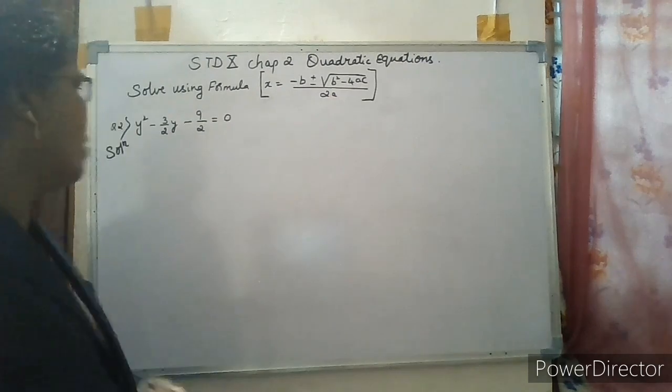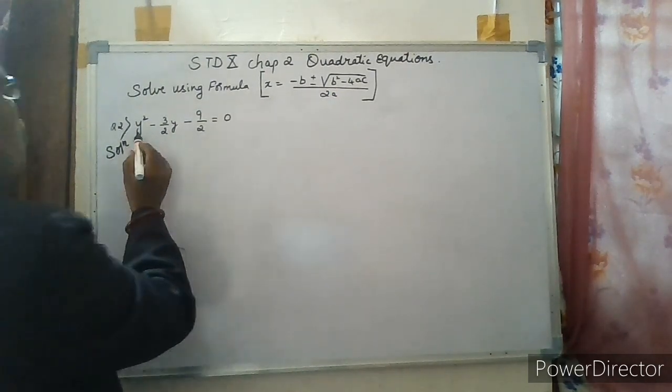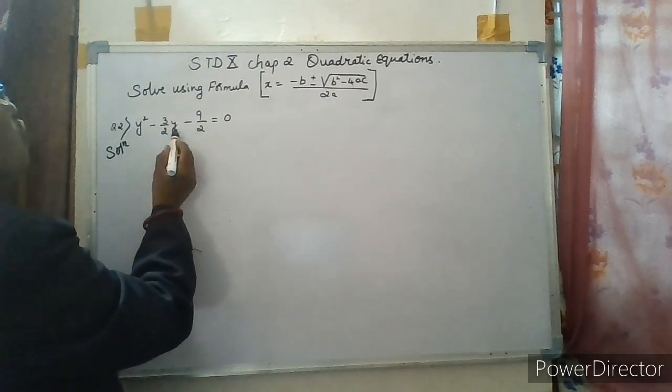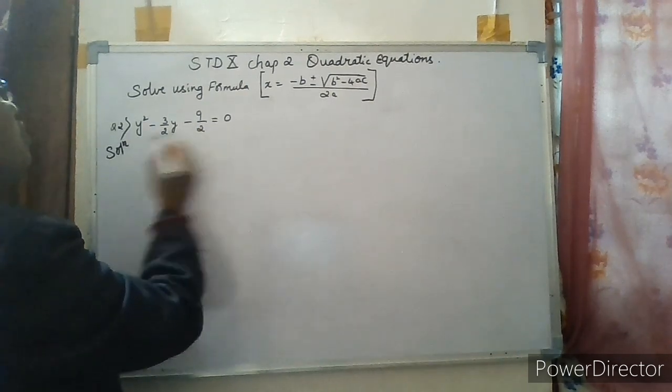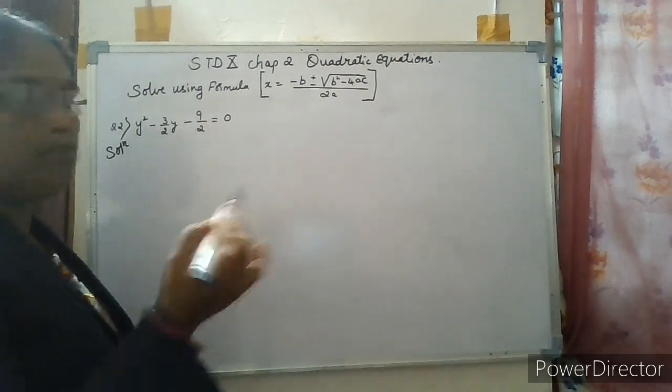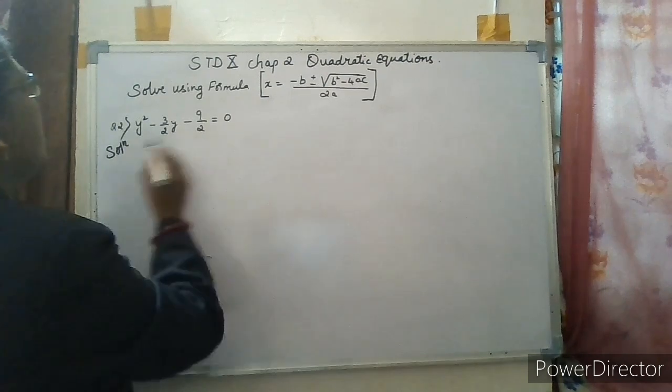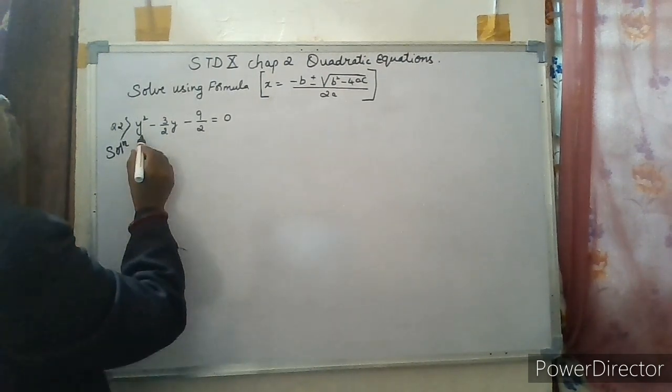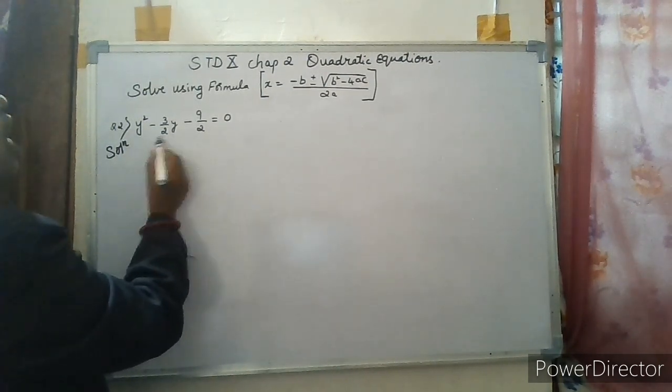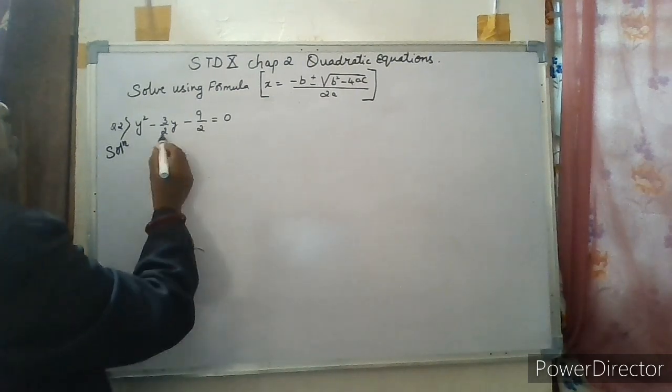Now let us solve the second example. y squared minus 3 by 2 y minus 9 by 2 equal to 0. Let us bring this equation in the simplest form by multiplying it by the LCM of the denominators.